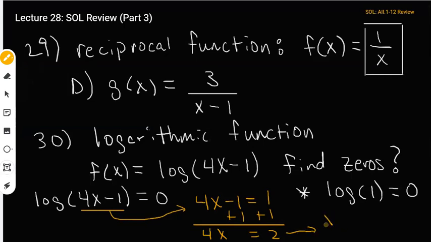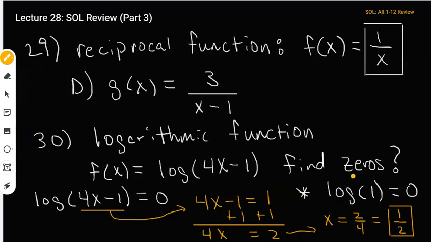When I do that, I get x equals 2 over 4, right? And if I reduce that fraction down, I'll get 1 over 2, or 1/2. So just setting the inside equal to 1, I get x is equal to 1/2.